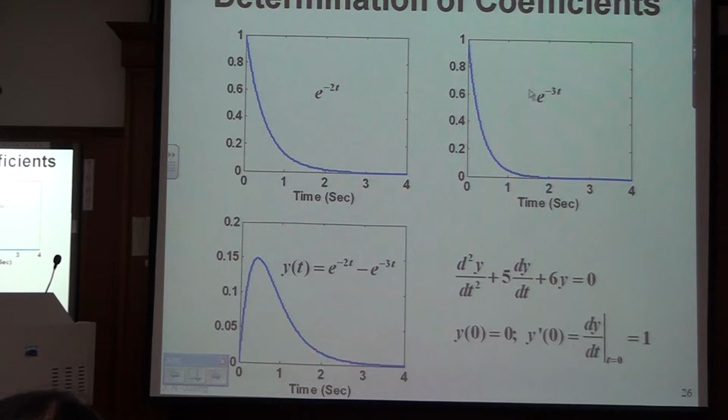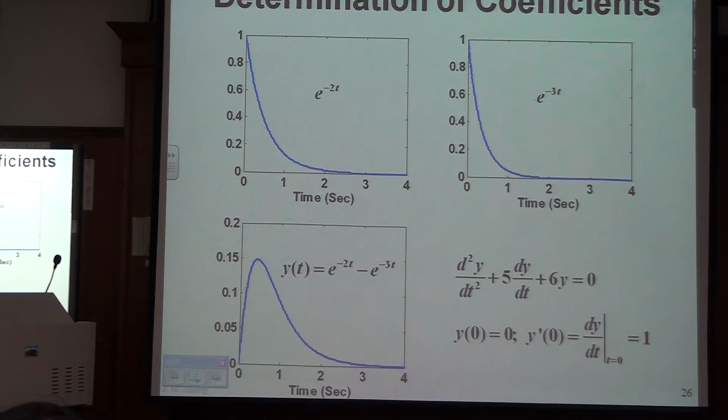Most engineering systems like this building are stable systems. Of course, this building is a stable system. If not, we wouldn't have a class.